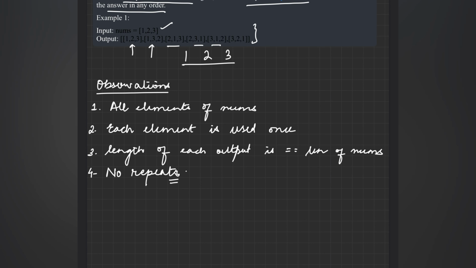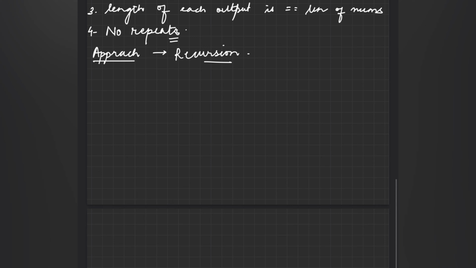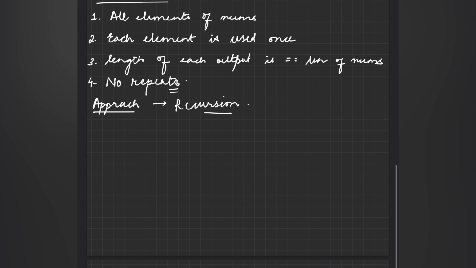Let's try and move towards the solution here now. As you might have already guessed, one way to solve this question would be via the approach recursion. But before getting there, let's try to rephrase our question. So here, given all these observations, let's try to rephrase the question as a problem of filling slots.